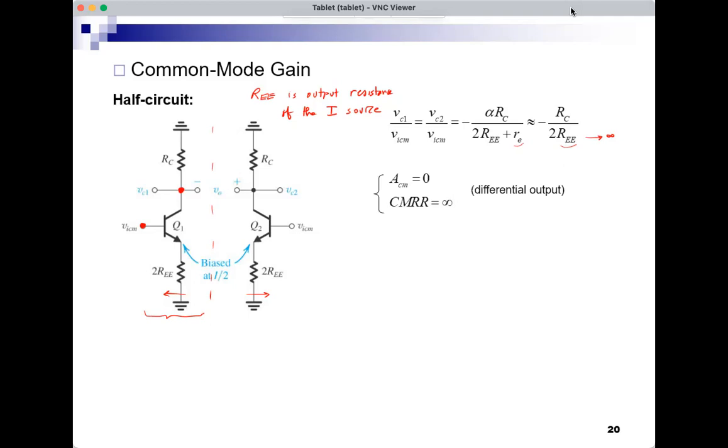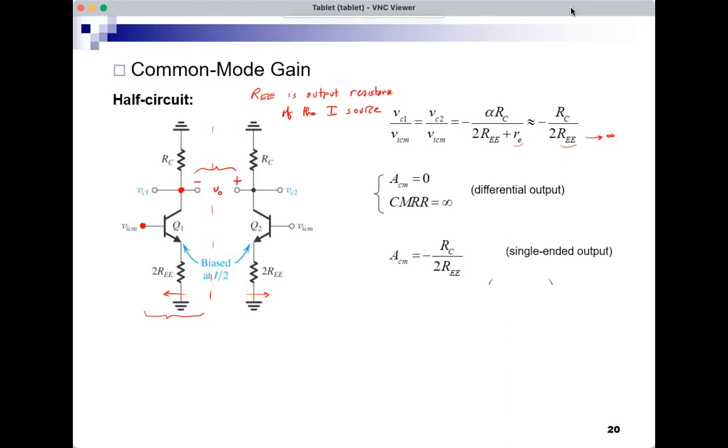So if I consider this to be my output as seen here in the diagram, between the two collectors, then the gain will be exactly 0 because the voltage at the two collectors is the same. The difference will be 0, so I get 0 ACM and infinite common mode rejection ratio.